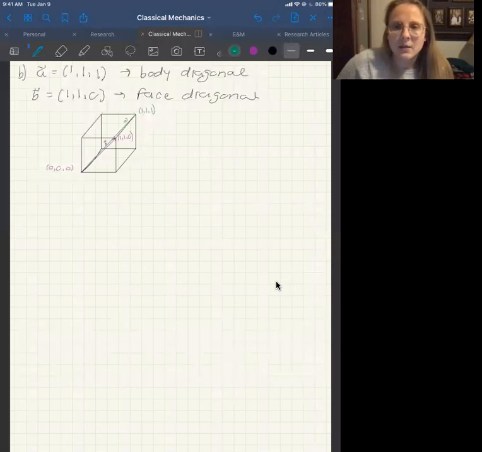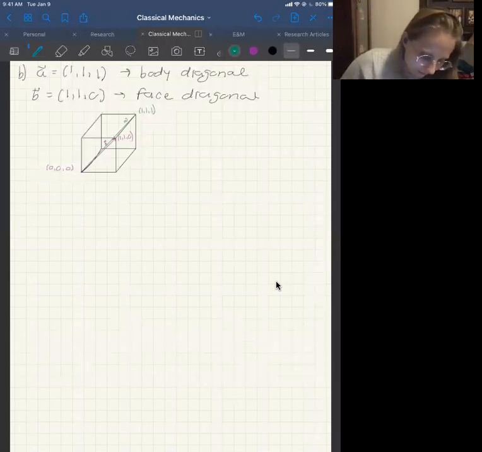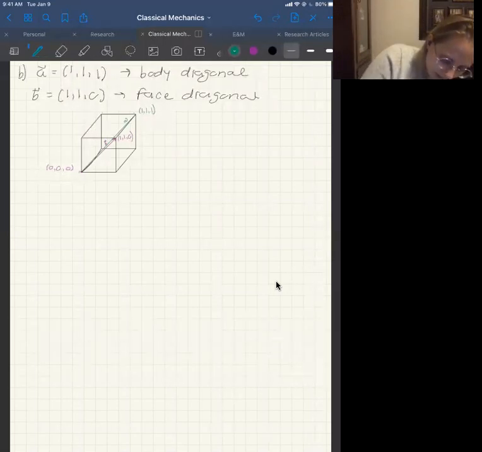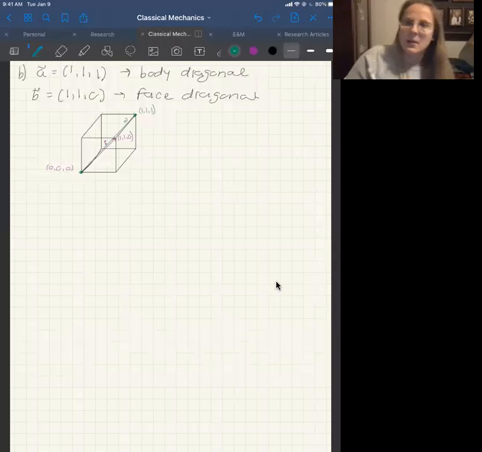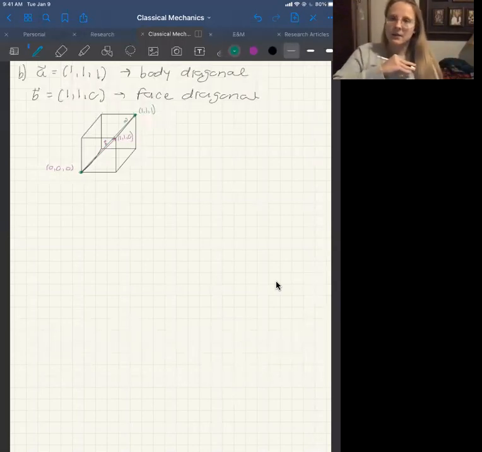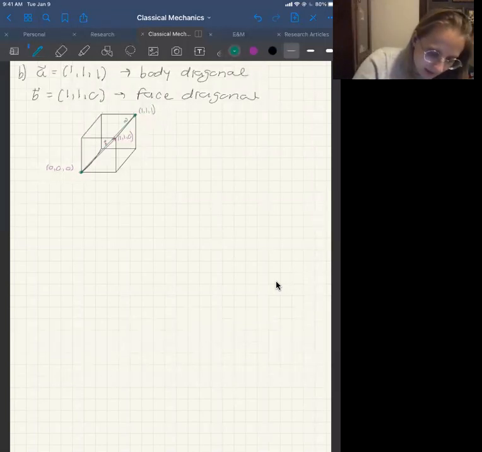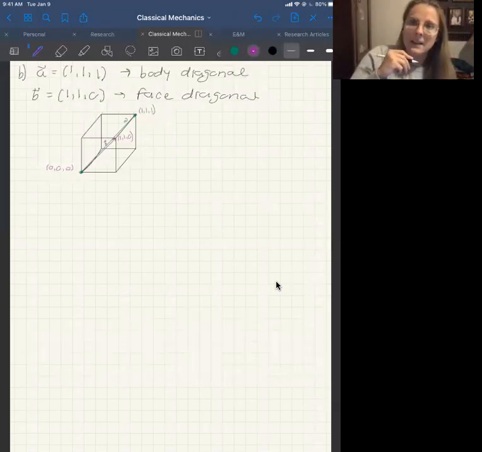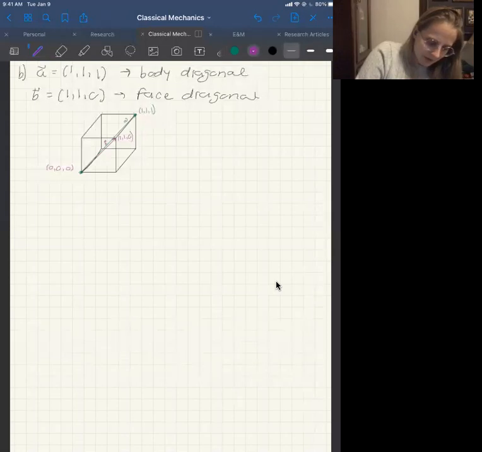What it tells you is you have two vectors. Vector A is kind of hard to see in my picture, but vector A is the vector that goes from this front bottom corner of my cube to this back top corner of my cube. That's called the body diagonal. It goes diagonally throughout the body of the cube. The second vector it gives us is a face diagonal, which goes from this front bottom corner to this top front corner.